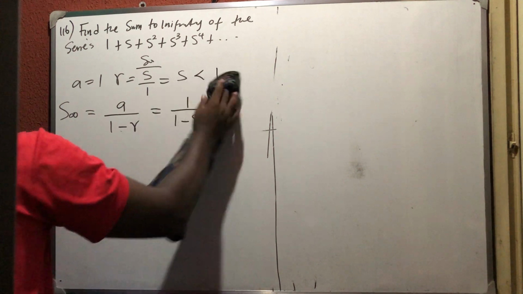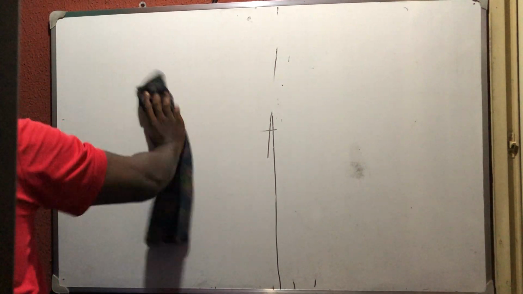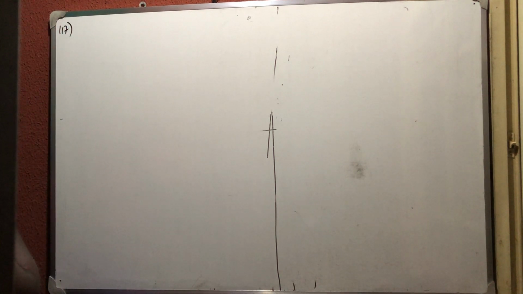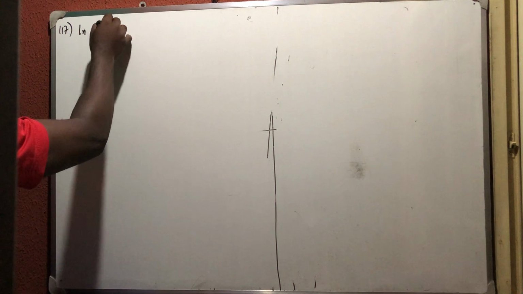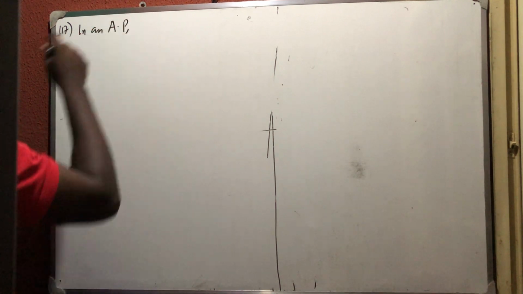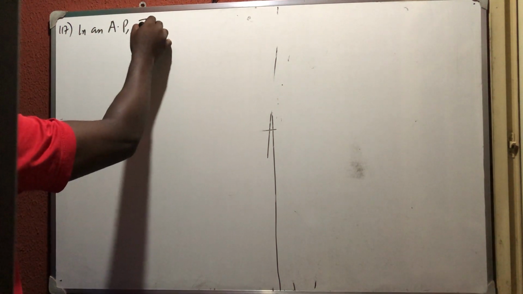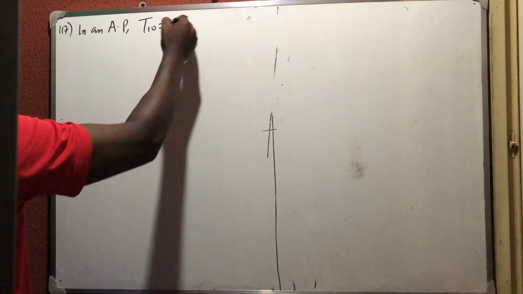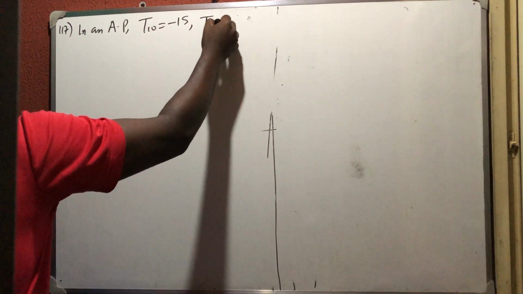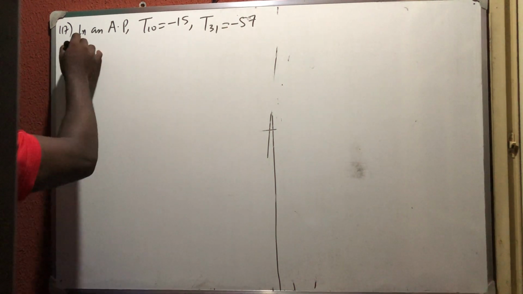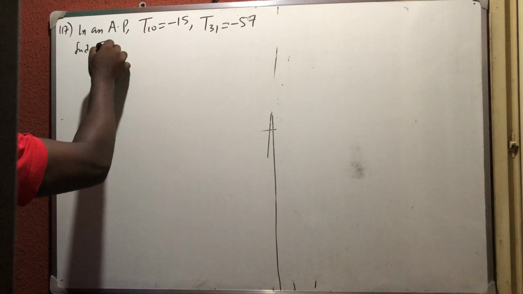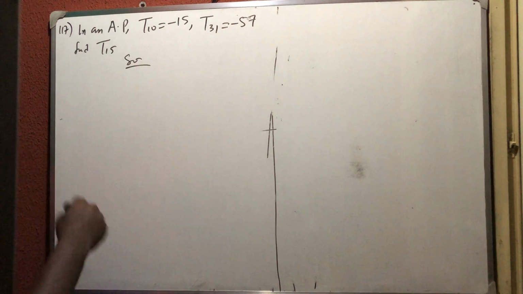Very simple. Okay? So question number 117. Question number 117 said in an AP, T10 is equal to minus 15, T31 is equal to minus 57, then find T15. Solution.